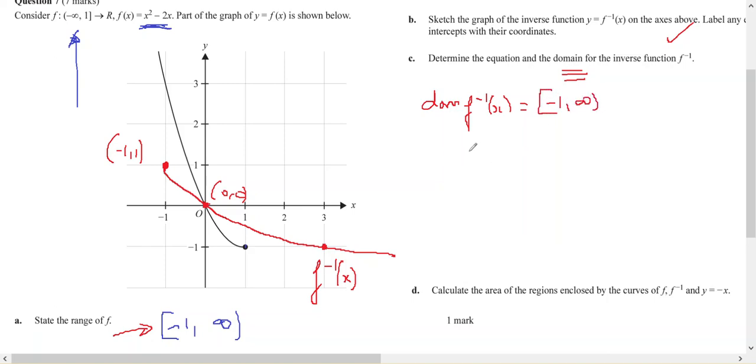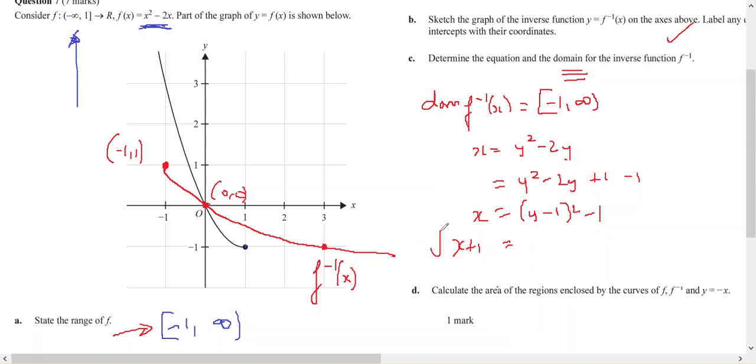And I'm going to say that x equals y squared minus 2y. Complete the square, I'm going to have y squared minus 2y, half of -2 is -1, plus 1, then minus 1. So it's going to be y minus 1 squared minus 1 is equal to x. Therefore, x plus 1 equals y minus 1 squared, and then the square root of x plus 1 equals y minus 1.